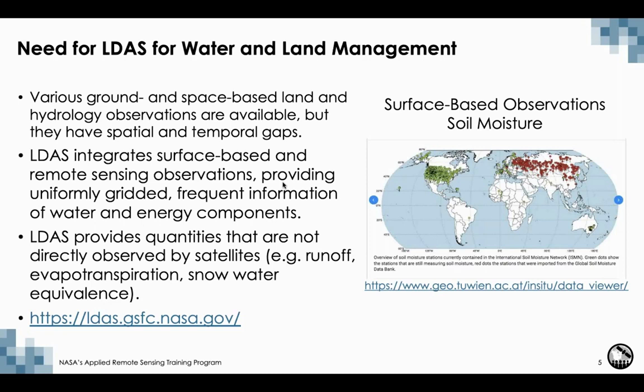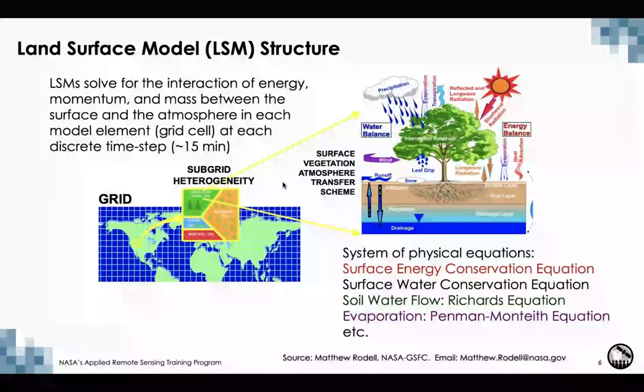So in addition to soil moisture, which now is being measured by satellite, there is runoff and evapotranspiration, snow water equivalents. These are not directly observed by remote sensing, and they can be calculated by LDAS. So to get complete water budget and land atmosphere interaction, this cycling of water can be understood by running LDAS.